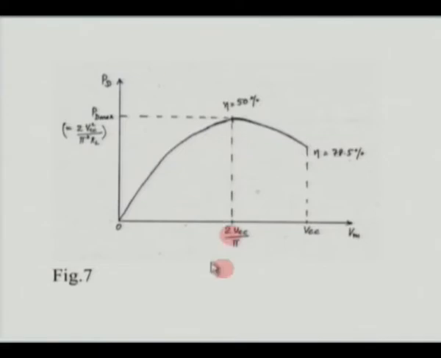Now what we have here is a plot of that equation which we just wrote, with VOM, rather V maximum, on the x axis and the power dissipation on the y axis. Mind you, the power dissipation would be the power supplied minus the power delivered.